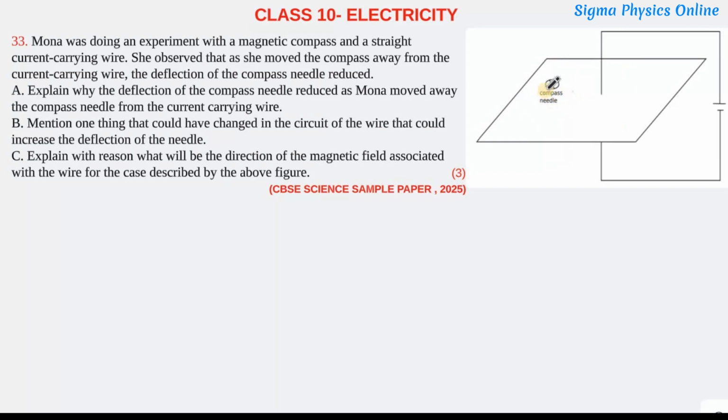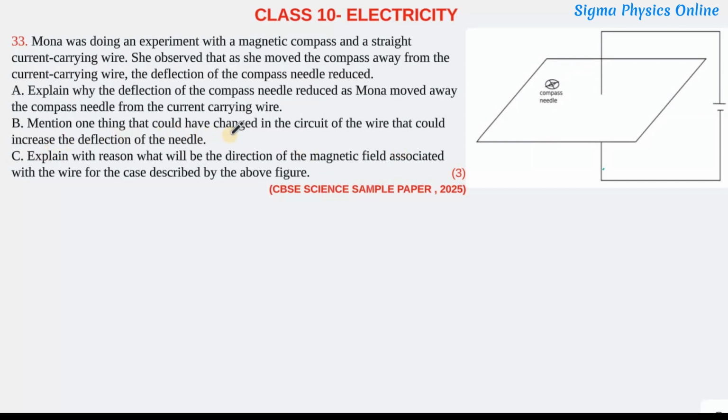So we see that the deflection of the compass needle is inversely proportional to the distance from the current carrying wire. That is, the nearer the compass needle is to the wire, the greater will be the deflection, and as the compass needle is moved away, the deflection reduces. So this is the reason for the first bit.